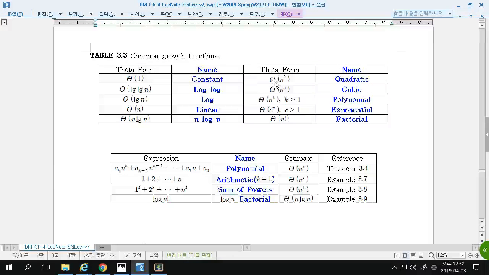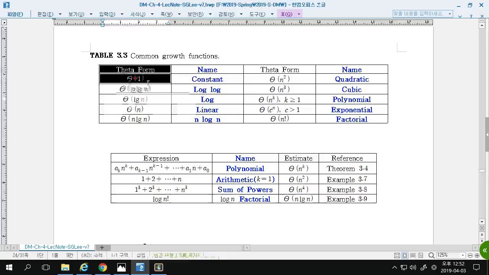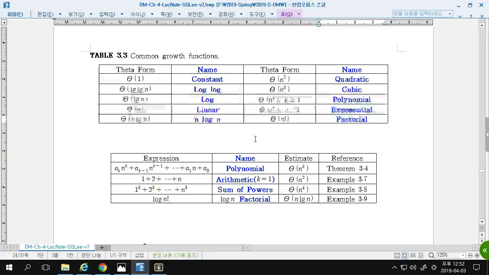Those are the typical functions g of n that you're going to use to compare the given function f of n when you find the upper bound and the lower bound.